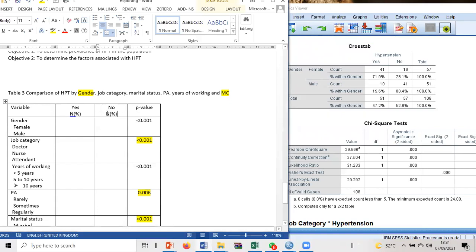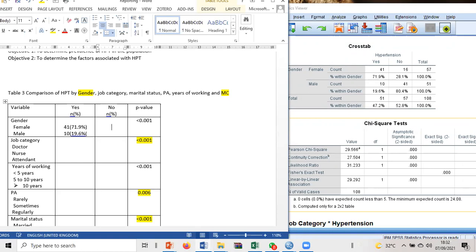Small n, okay? Female, how many number of this? 41. Female, 41, 71.9%. Next one. Among male, 10, 19.6%.